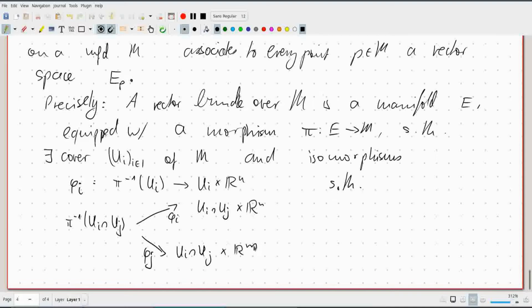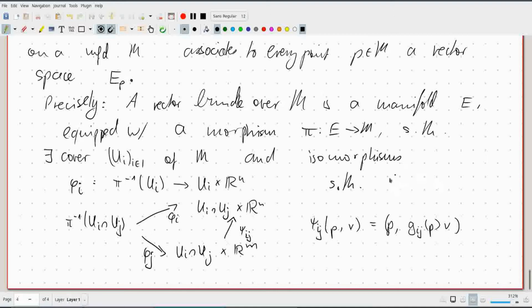Technically this could be different, but we want these isomorphisms to play nicely together, such that this map psi_ij can be described as psi_ij of a point in the manifold together with a vector is equal to that same point, and now we have a function g_ij of p times v.